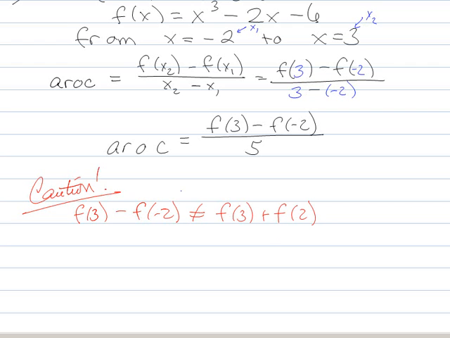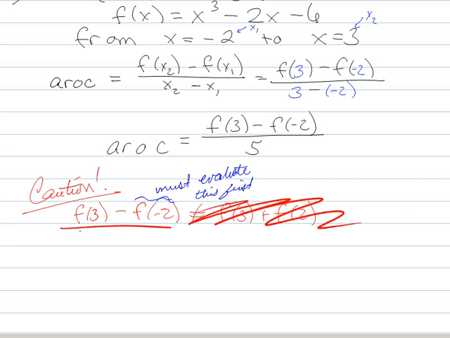You must evaluate this first. You can't pull the negative out. You've got to absolutely stick with it. So if you never even would have thought of doing this, pretend I never said anything. You have to work this out. There's no shortcuts.